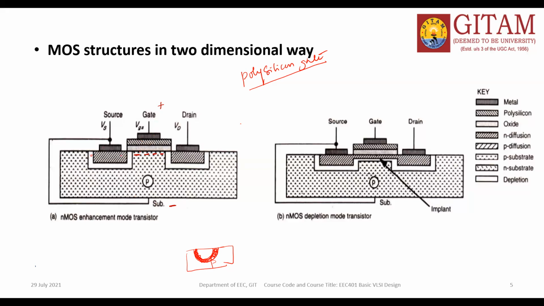Now, if you want to transport a carrier from source to drain along this channel, we have to apply a potential difference here. What potential should I apply? A negative potential here, and a positive potential at this place. Then only the electrons move towards the positive side, right?